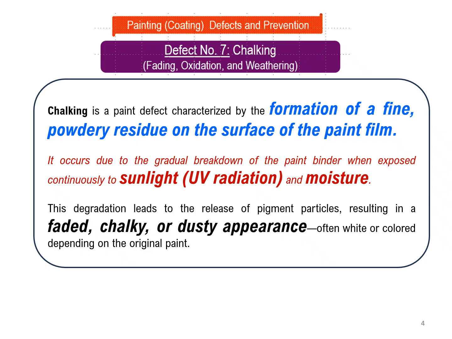The degradation leads to the release of pigment particles, resulting in a faded, chalky, or dusty appearance, often white or colored, depending on the original paint.